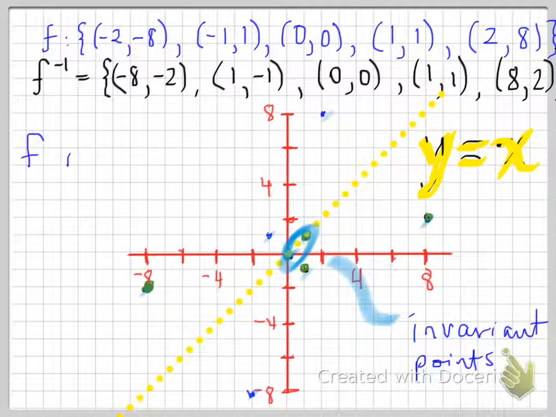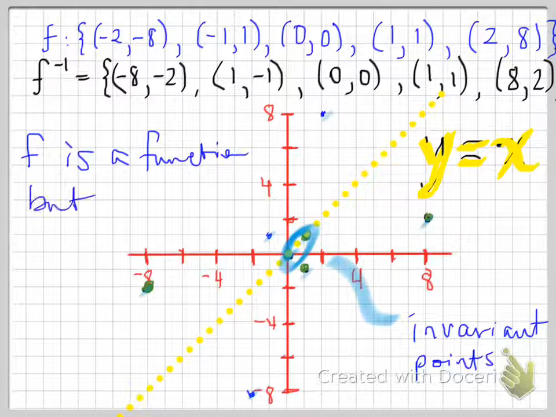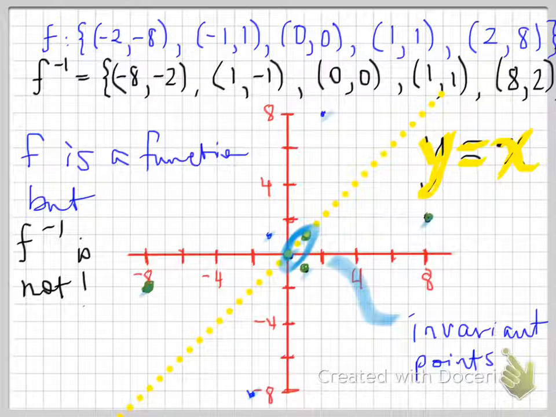Also, something else to note is that, remember, we already saw that f was a function. What about its inverse? Do you remember what the inverse said? That's right, the inverse is not a function. Why?